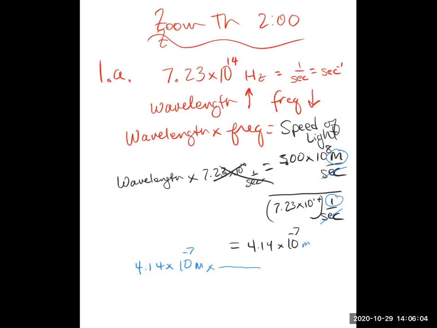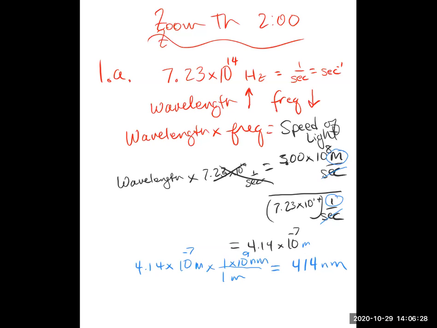Now for every 1 meter, there's 1 times 10 to the 9th nanometers. You probably don't even really need to use your calculator for that. You should get 414 nanometers.